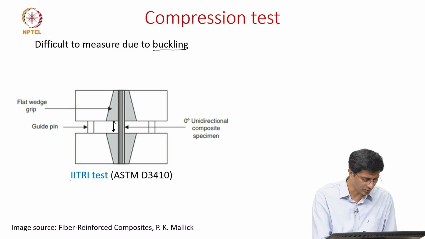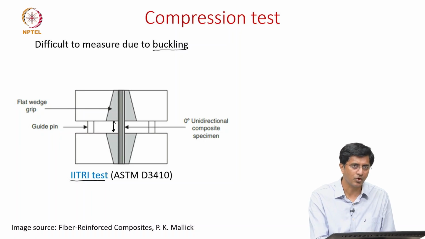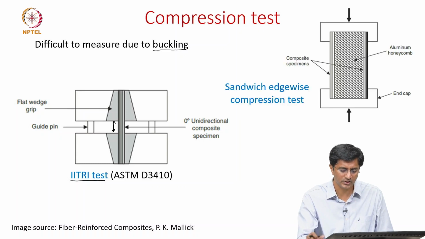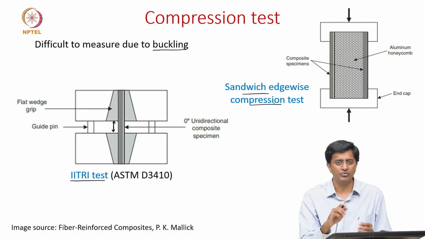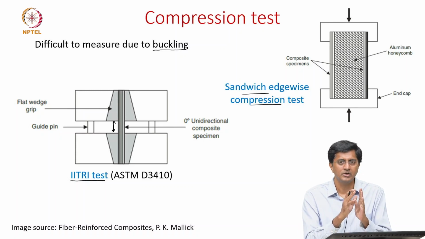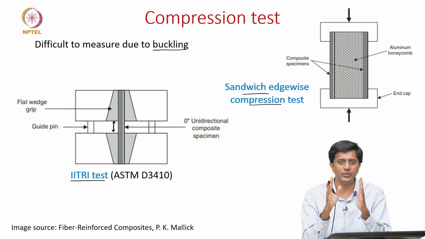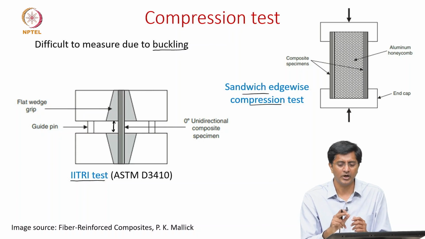So here is one of those tests, the IITRI test, which ensures that we can find the compression properties by avoiding buckling. But there are other methods to find the compression properties, which include the sandwich edge compression test. Here too, we are focusing on the laminate, but to find the compressive properties of the laminate, we take two of those composite laminates, and in between these two laminates, we add aluminum honeycomb.